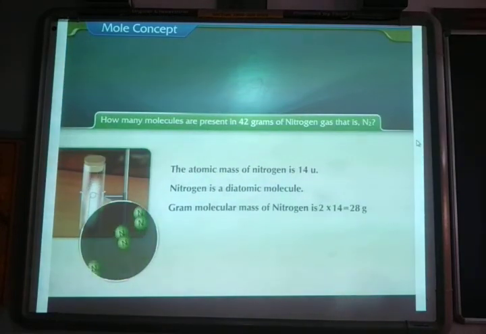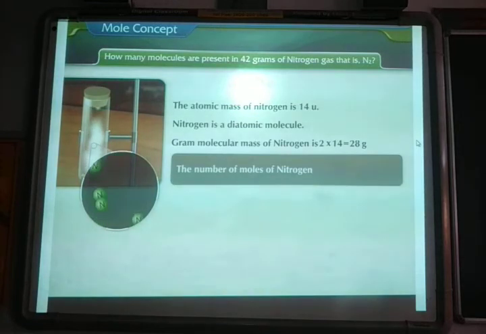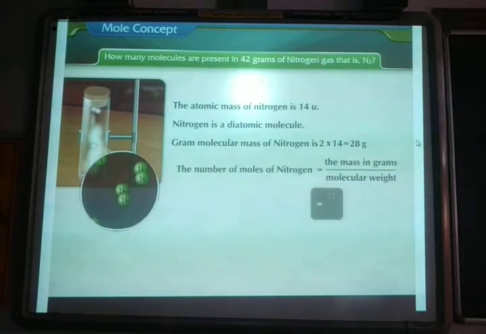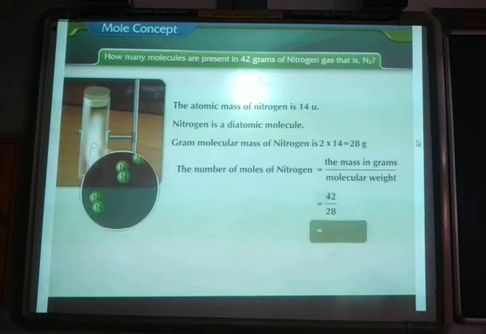How many moles is 42 grams of nitrogen gas? The number of moles of nitrogen is equal to the mass in grams divided by the molecular weight. This is equal to 42 divided by 28 equals 1.5 moles.